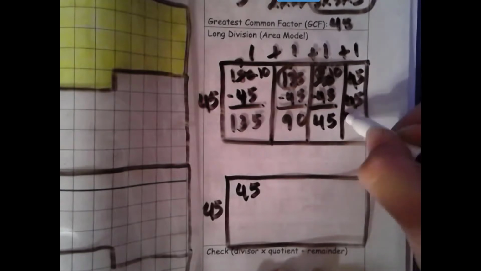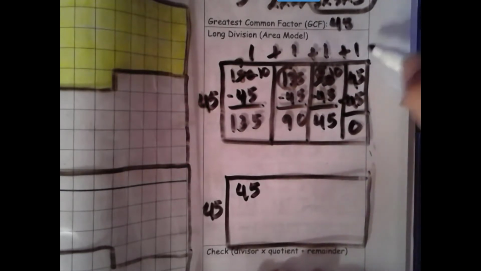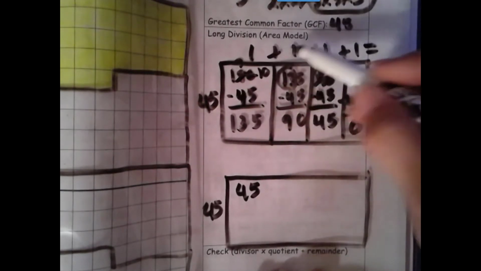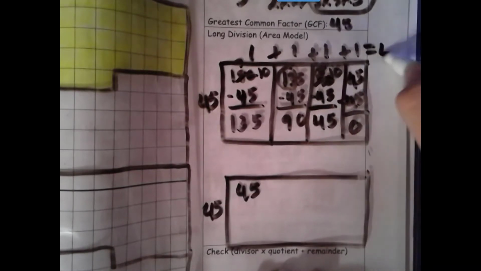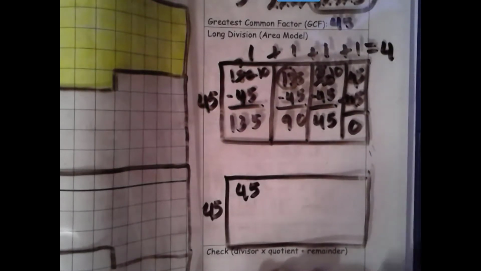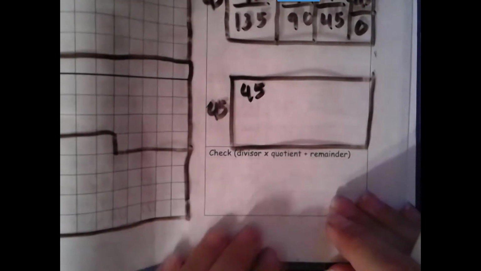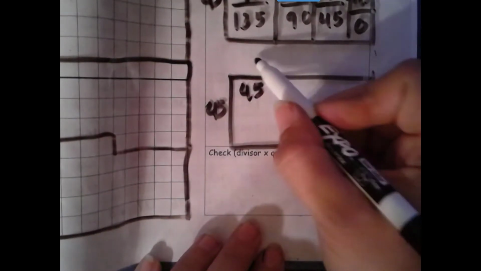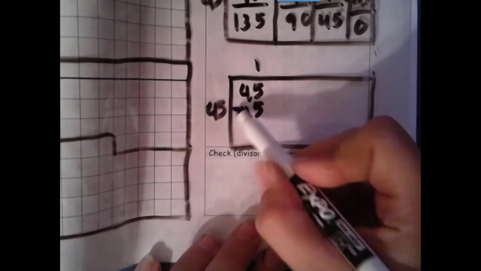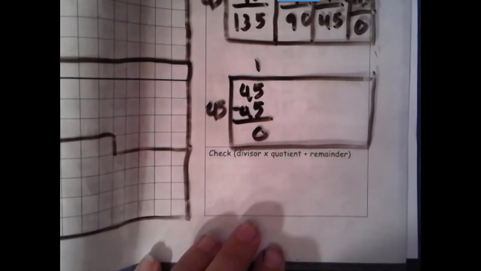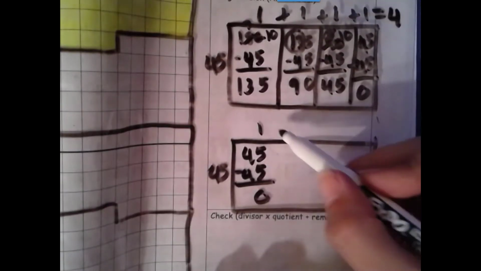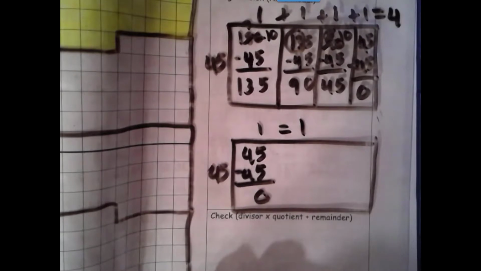A group of 45. Numbers the same, 0's the game. Finally, 1 plus 1 plus 1 plus 1 is 4. Okay, and then here, 1 times 45 is 45. Numbers the same, 0's the game. So our number there is 1.